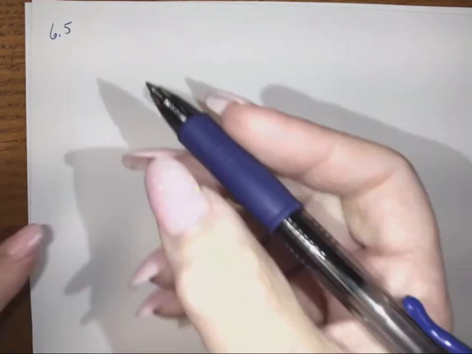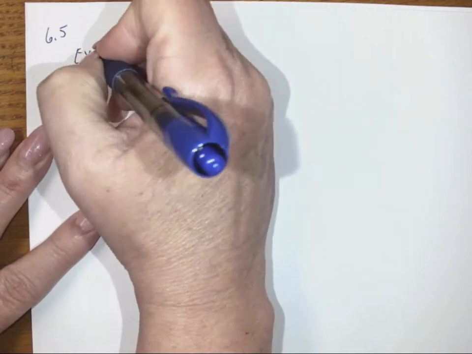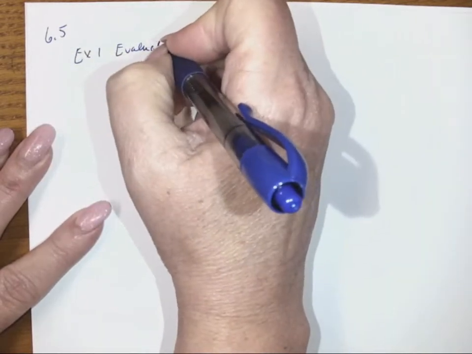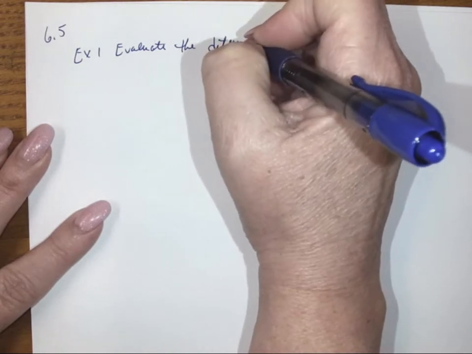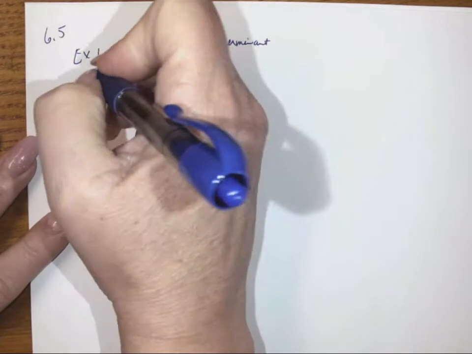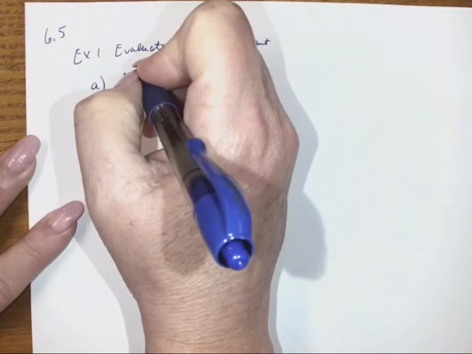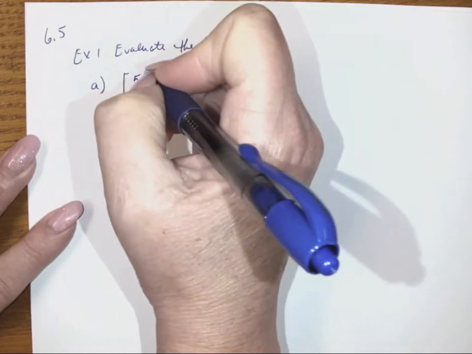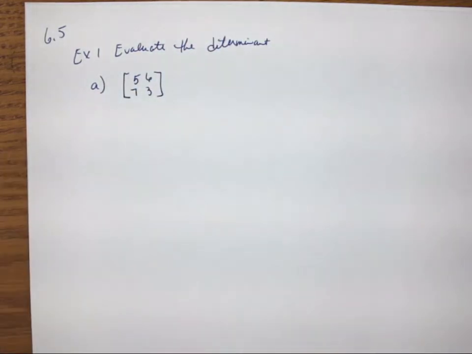All right, so example 1, we're going to evaluate the determinant. Part A, we have a determinant of 5, 6, 7, and 3, and we're going to evaluate this.